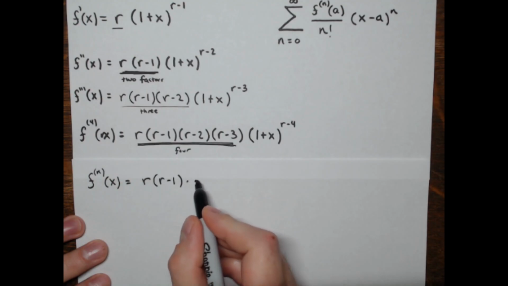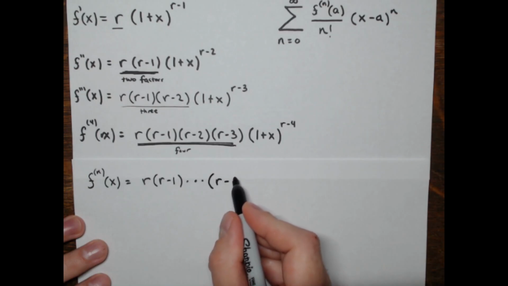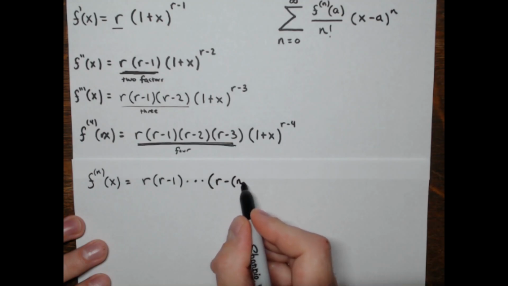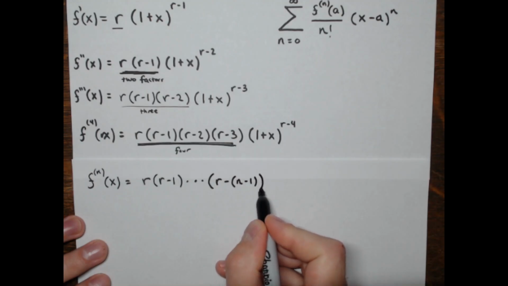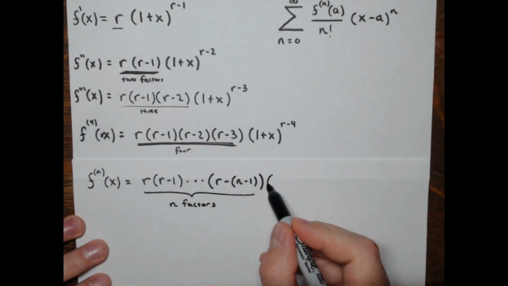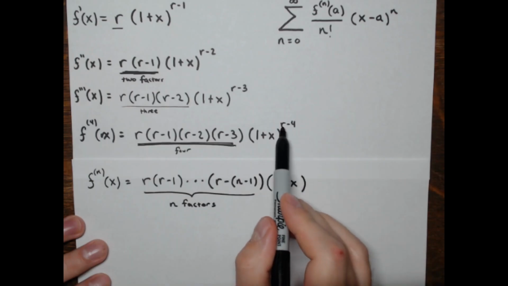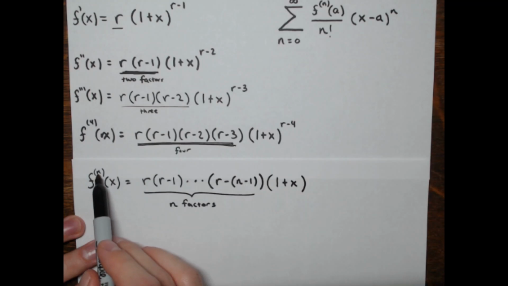So times, times, times, all the way down to r minus, and if I want this to be the nth factor, we're going to be subtracting n minus 1. So notice the quantity n minus 1 there. So again, this is n factors involving r times this power of 1 plus x, and the power on 1 plus x should be r minus n.